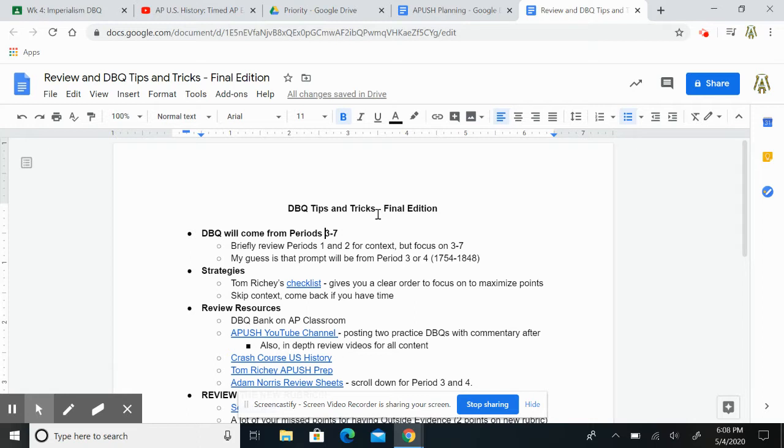So that's anywhere from 1754 to 1945. The consensus among AP teachers is that it's likely to come from periods 3 or 4. That is because semester-long AP classes had only really covered up to period 4 or 5 when class got out.